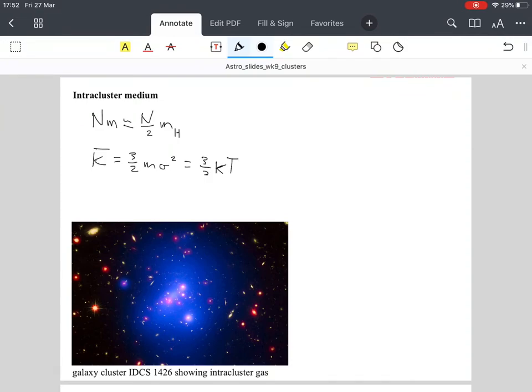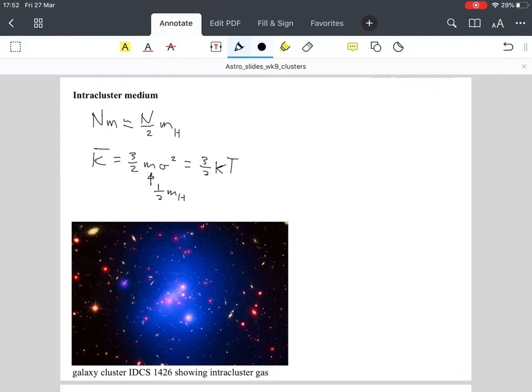So we can calculate that 3/2 m sigma squared, and we can of course substitute that this m here is actually 1/2 mh, as we saw from the equation above.